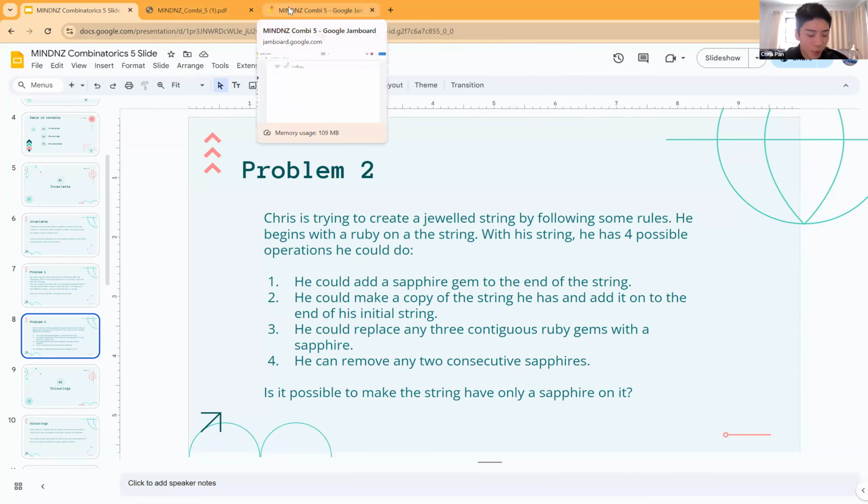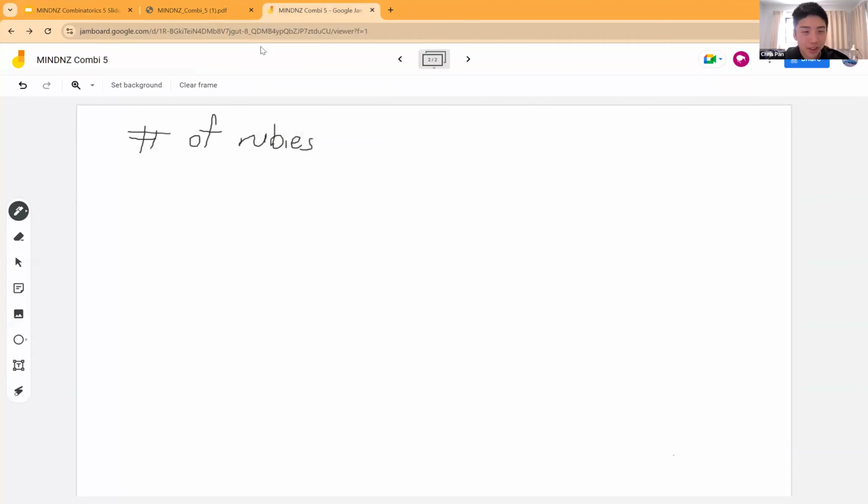It feels like it should be going up and down all over the place. So it's kind of erratic, kind of chaotic, right? We're not going to look at the number of sapphires because it's too hard to keep track of what's going on there. Here, we'll just look at the number of rubies. So we start with one, right? In every move, okay, right? I'll list out the four moves here.